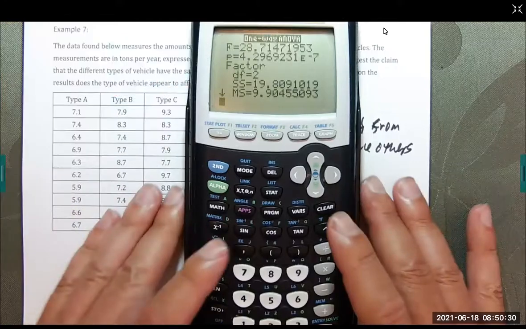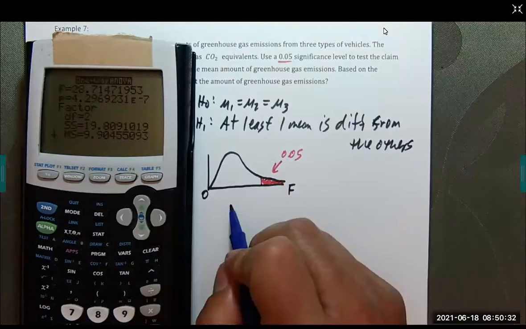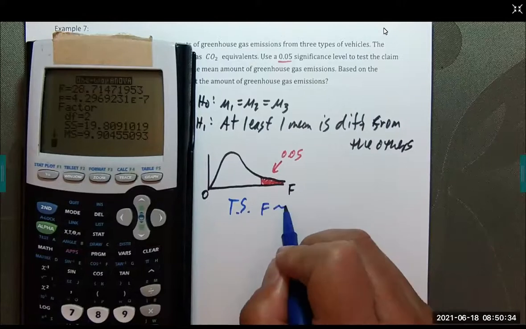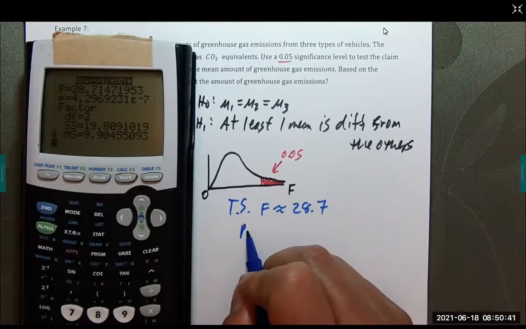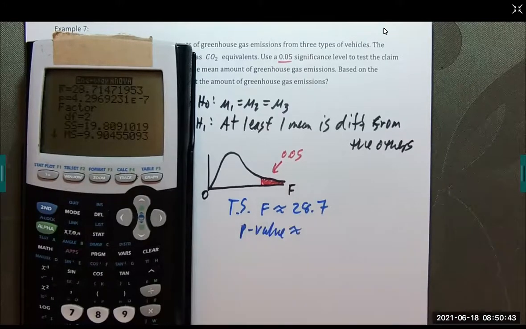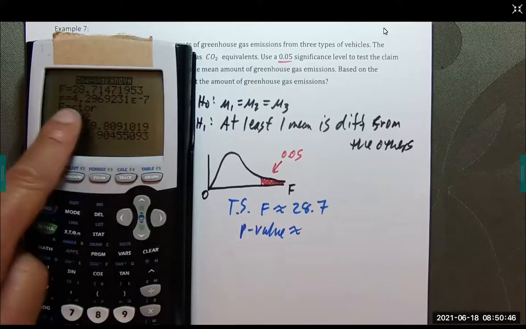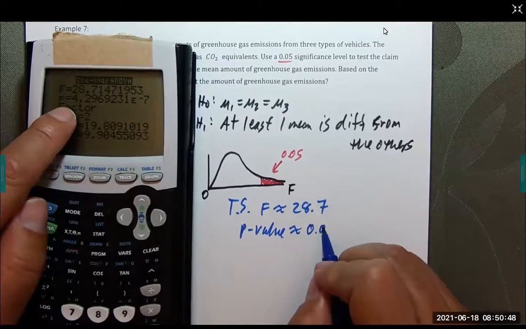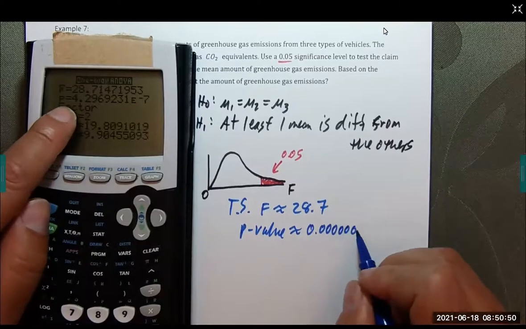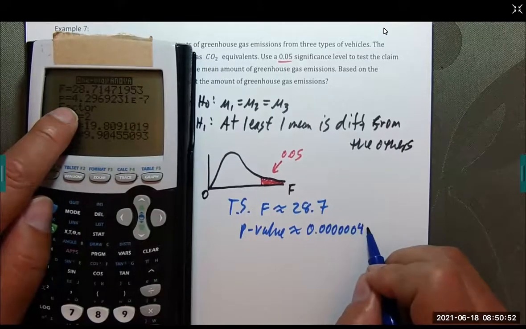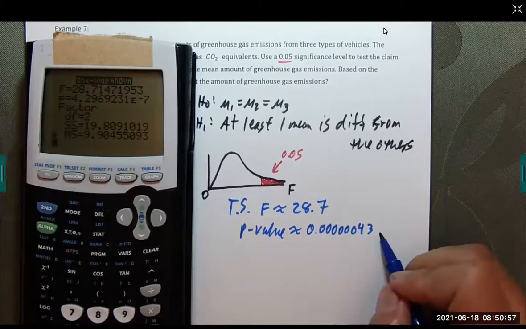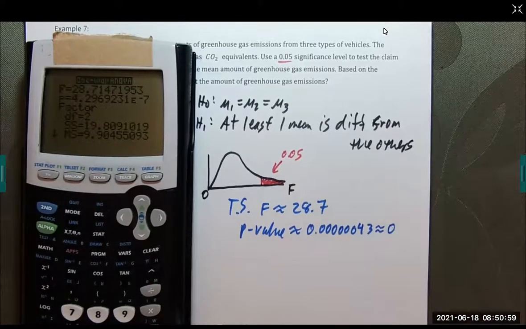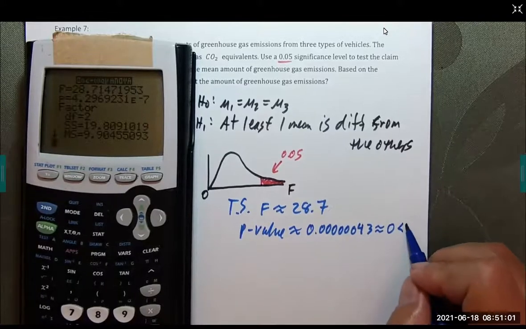So our test statistic F is about 28.7, and the p-value, you can see it's times 10 to the negative 7th. So 1, 2, 3, 4, 5, 6, we'll just round it off, which is about 0, which is clearly way less than 0.05.